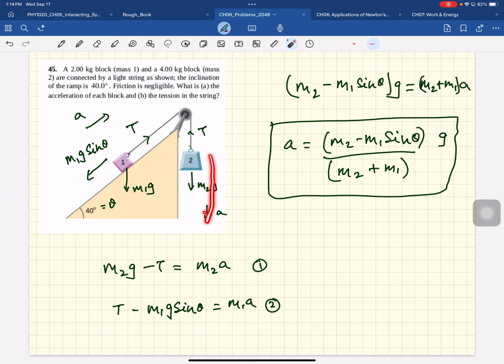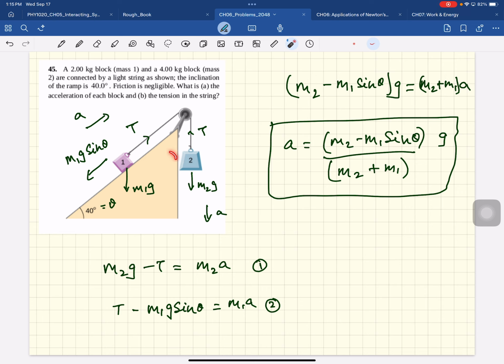This is the positive direction, and so forces pointing in that direction are positive, plus M2g, and forces pointing in the other direction are minus T. And for this guy, that's the positive direction, and that would be T, and this would be minus M1g sine theta. So M1A would be T minus M1g sine theta.